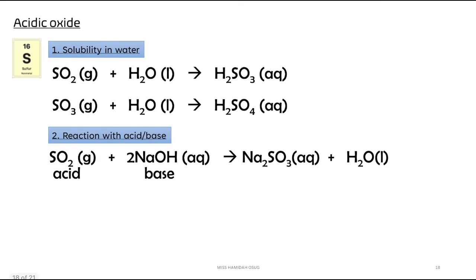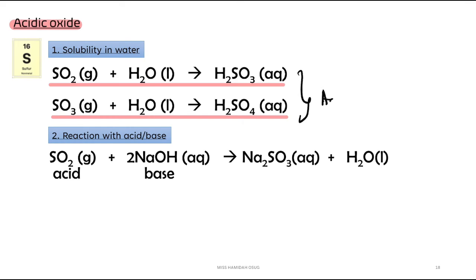Next, for sulfur dioxide and also sulfur trioxide. When we dissolve them in water, they will give an acidic solution. And when the sulfur dioxide reacts with the base solution, it also gives salt and water. This proves that sulfur dioxide and sulfur trioxide are acidic oxides.